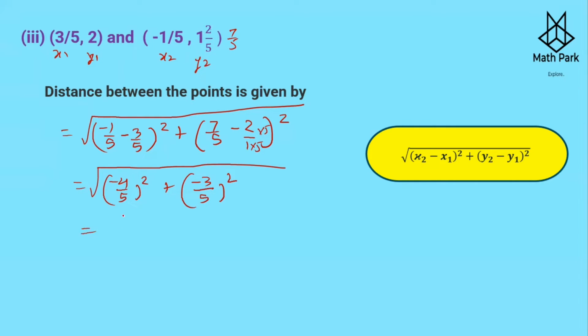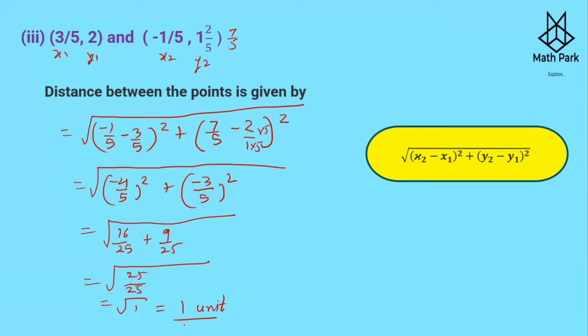So minus 4 square is 16 and 5 square is 25. So we get this as 16 upon 25 plus, minus 3 square is 9, so we get this as 9 upon 25. These are again like fractions. We add them. 16 plus 9 is 25. 25 by 25, we get it as 1. So root 1, which is 1 unit, is the distance between given points.